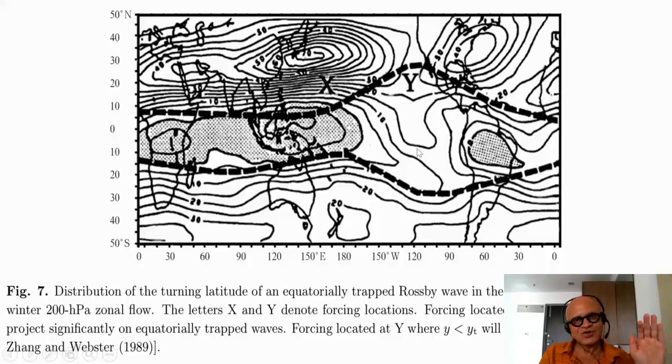Again, we are going through this without fully explaining the Rossby wave dynamics, which you must read up if you want to get deeper into this. But here you are within the turning latitude, in which case the forcing located here in the extratropics is going to strongly affect the trapped waves. It will strongly force trapped waves. Okay, so here no waves will be generated. Here waves will be generated.